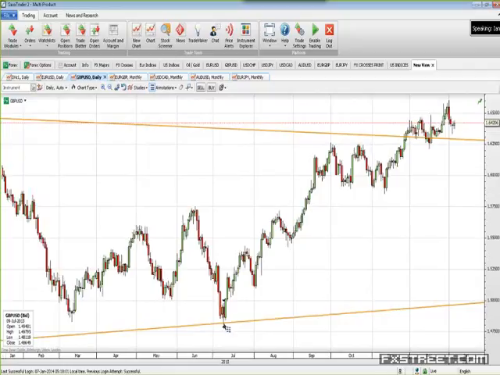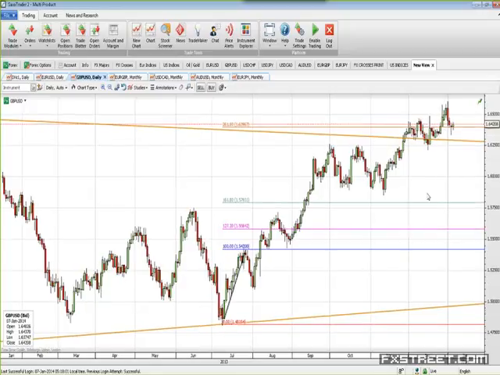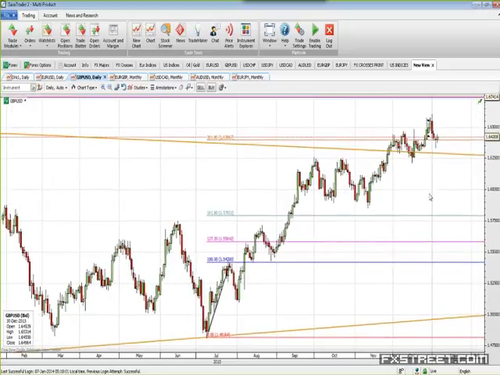Using our fib extension tool again, it pushed through 261.8%. But again, this is why I'm not fanatical about Elliott Wave, but I like to use it in conjunction with other things.